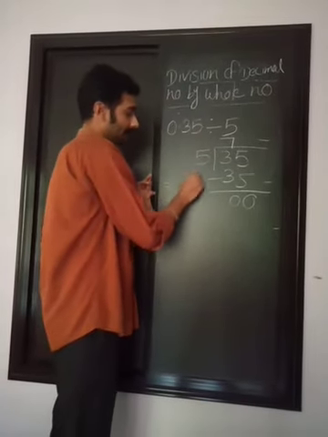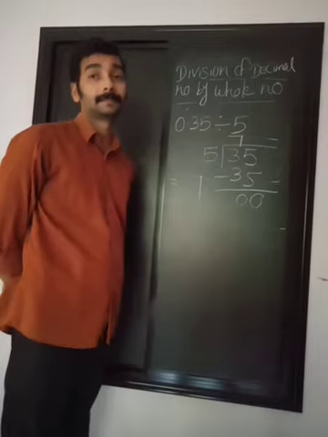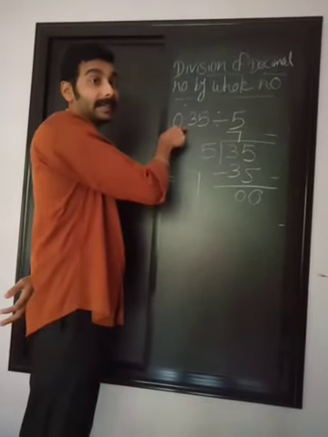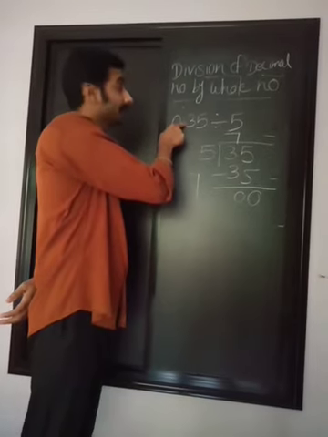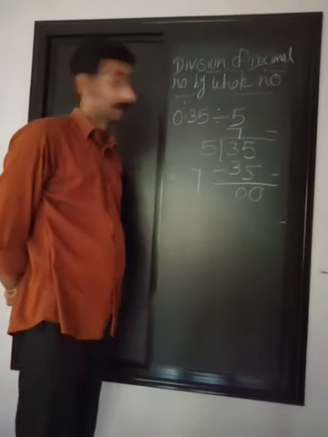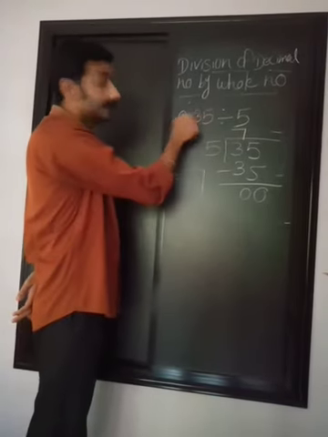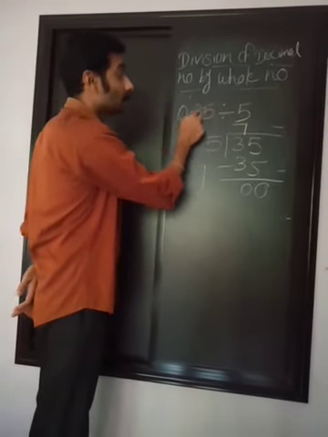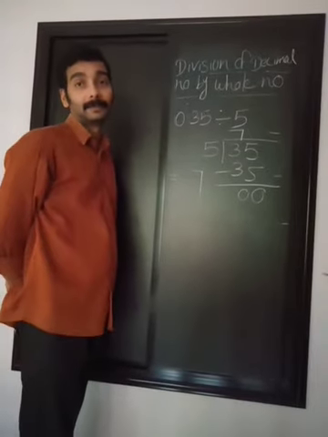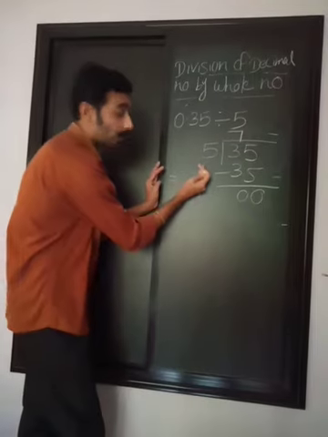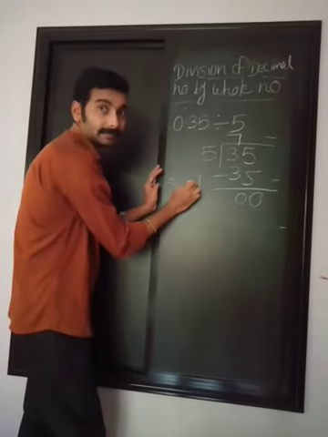Result is 7. But in the case of decimal, it is 0.35. But this one is only one place, 7. But in the case of the question, there are 2 places of decimal. First we move 2 places. This one is only 1 place.